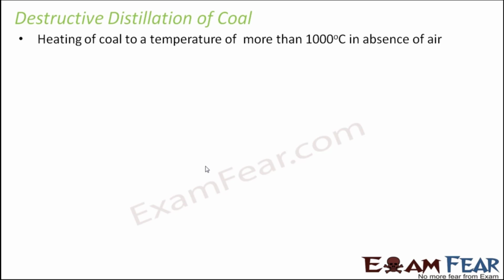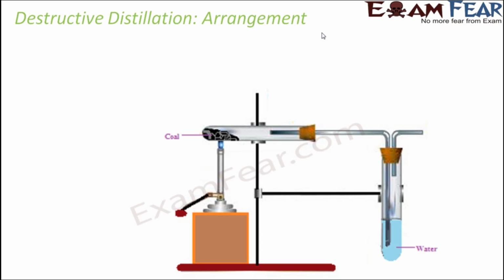We just heat the coal to a temperature of more than 1000 degrees Celsius, and that too in absence of air. So without air, without oxygen, we heat the coal to a very high temperature of 1000 degrees Celsius. Now what happens when we start heating coal to such a high temperature in absence of air? Let's see exactly what's going to happen then.